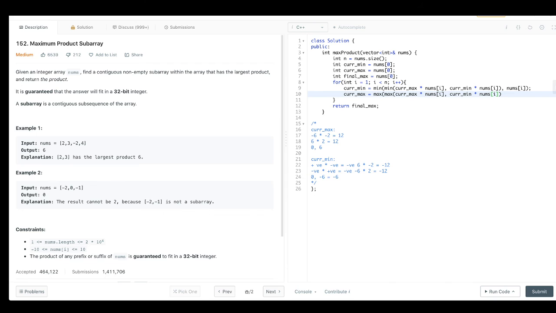So we'll take that. And the third scenario is when the current max was 0 and the current element is say 10, then 0 into 10 would give 0, but the element 10 itself would form a greater maximum product subarray of value 10. So we'll take that case, which will be the element itself.